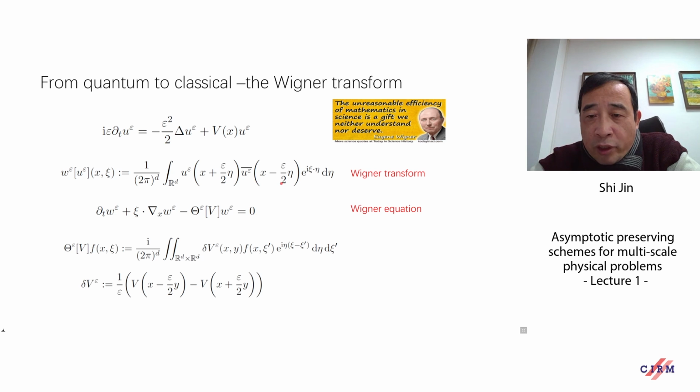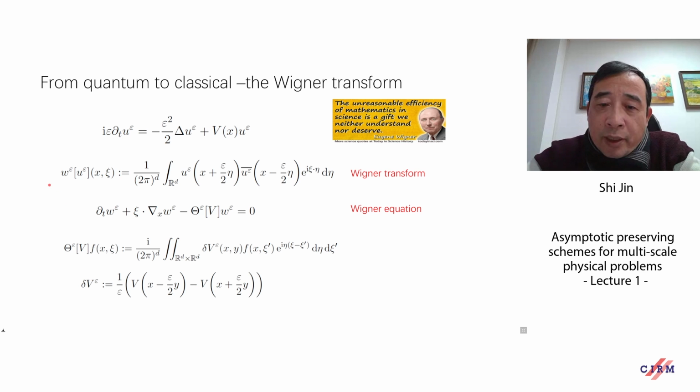You take the Fourier transform in this eta variable, and you end up with the quantity w, which depends on psi, like a wave number for a Fourier mode, and still depends on x. Since u times u bar is the density matrix, taking its Fourier transform gives w, which is called the Wigner function.